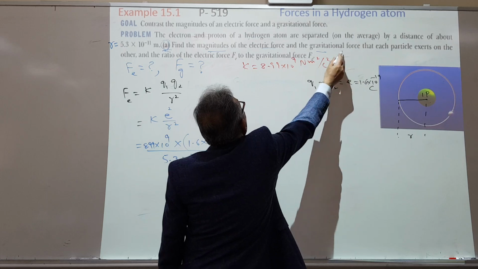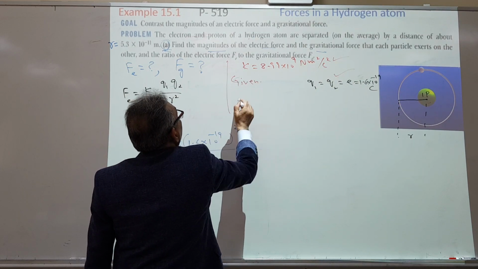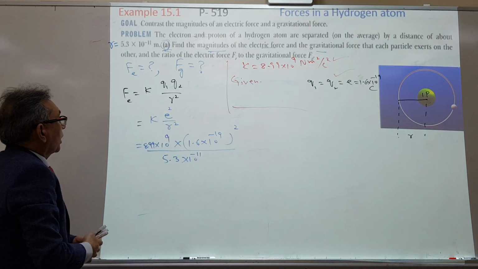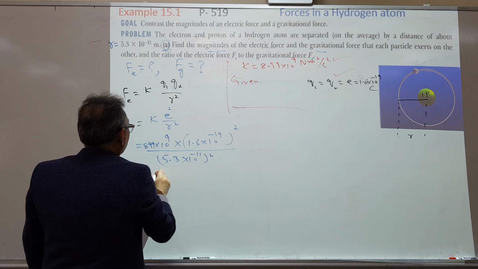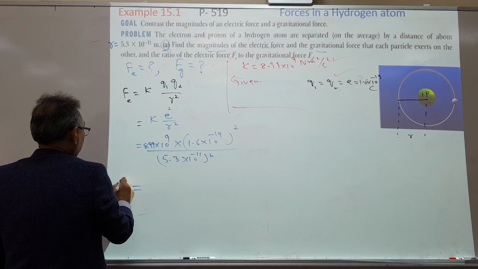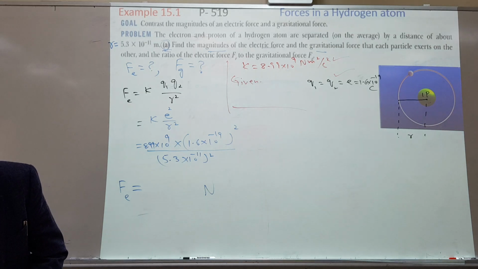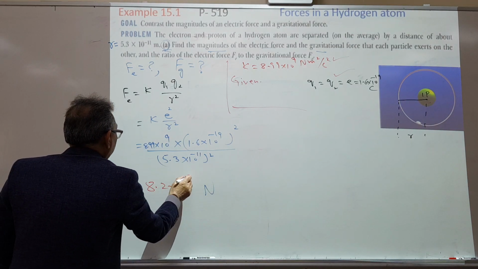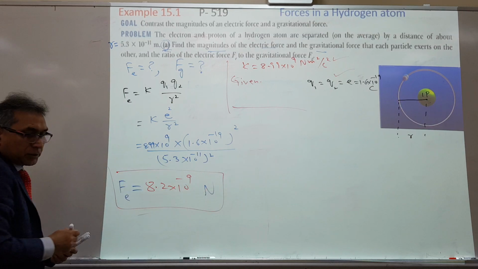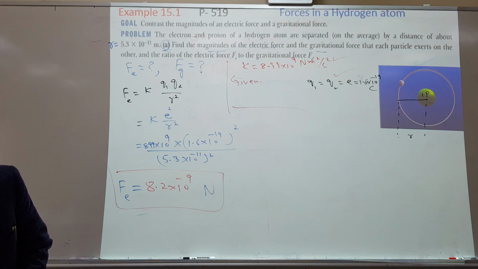Okay, these are given to you. Alright, and it's squared. So you get the electrostatic force 8.2 times 10 raised to power minus 8. So this is your magnitude of the electric force.